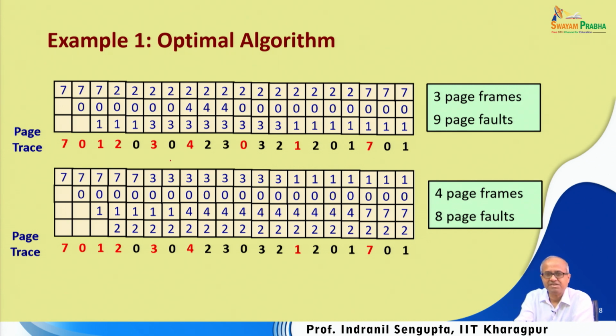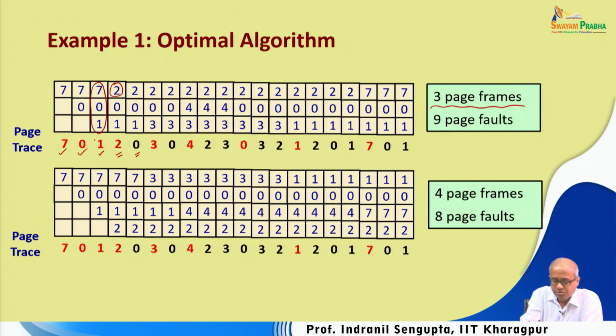So, that same page reference string we have used, 7, 0, 1, 2, 0, 3, 0, 4 and so on. So, for the 3 page frame case, in the first case there are 3 page frames. Similarly, 7, 0 and 1 are coming in, they are entered. Then we have 2, the oldest page 7 gets replaced, 0 is already there.